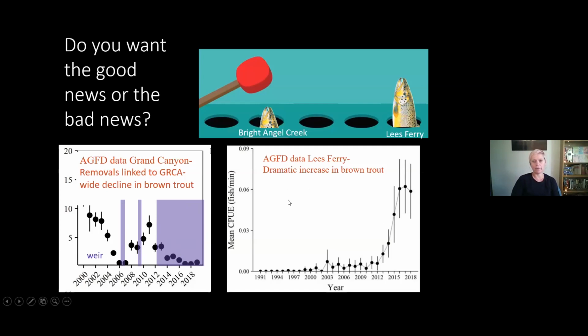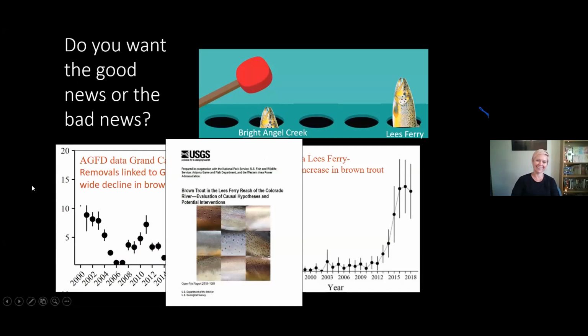The bad news is, this is also Arizona Game and Fish electrofishing data from the Lee's Ferry area, beginning in about 2014, we've started to see a dramatic and significant increase in brown trout in the Lee's Ferry region. So here's our whack-a-mole.